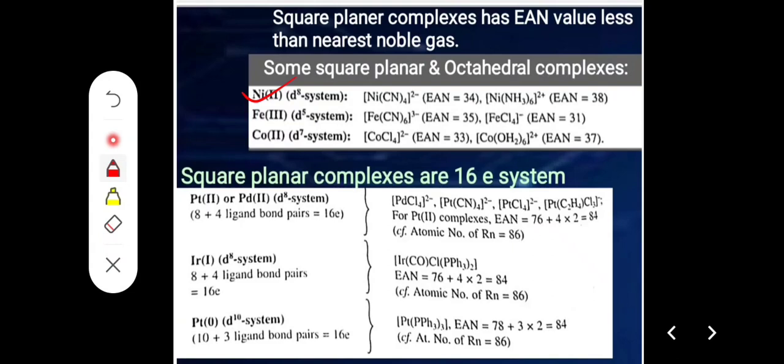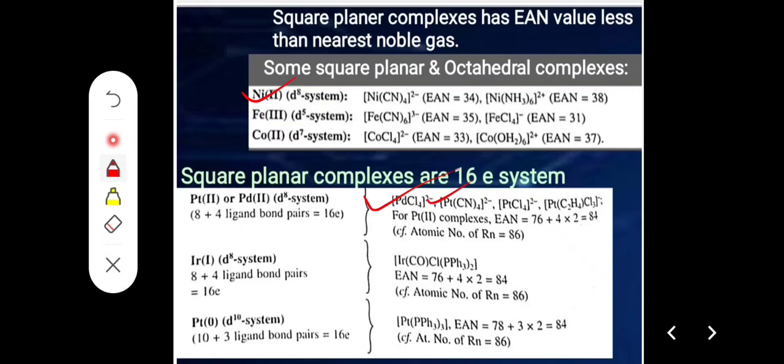When we go from nickel to palladium to platinum(II), nickel(II) can produce octahedral, tetrahedral, and also square planar complexes. Palladium in most cases produces square planar complexes, but platinum(II) always does. Examples: PdCl4 2-, Pt(CN)4 2-, PtCl4 2-, Pt(C2H4)Cl3-.